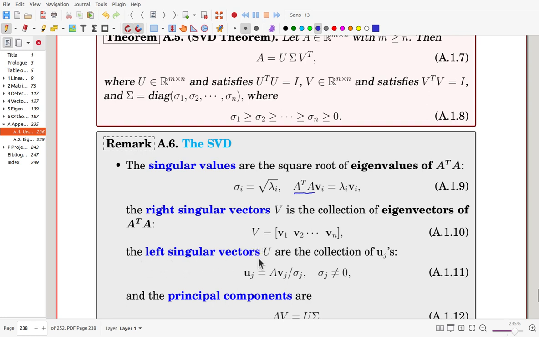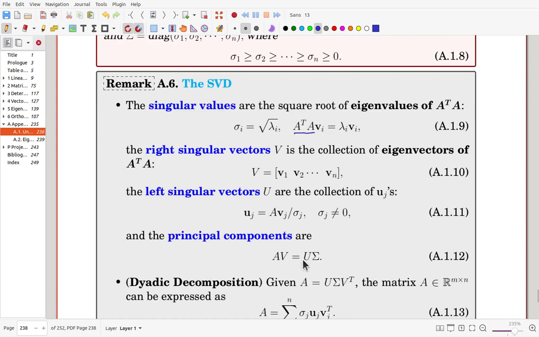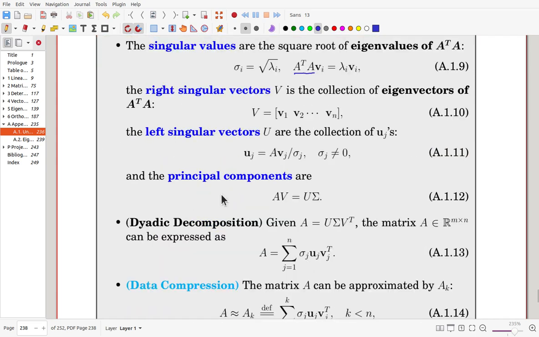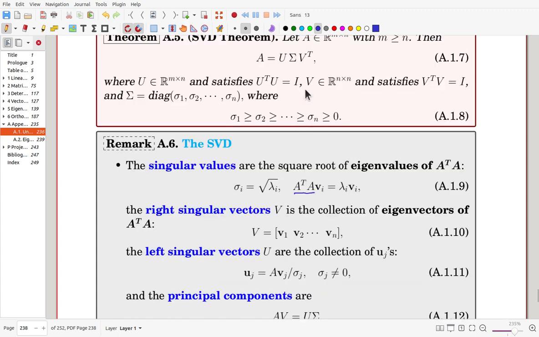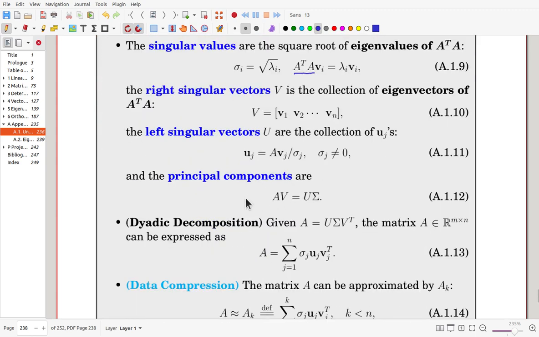And for the left singular vectors, U is the collection of the uj, and the uj can be obtained through this one. Here, AV is the same as U sigma from the decomposition. Here we multiply V on the right side, then it will become AV, and that one is U sigma.